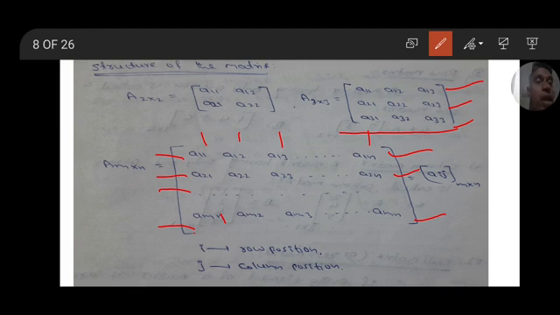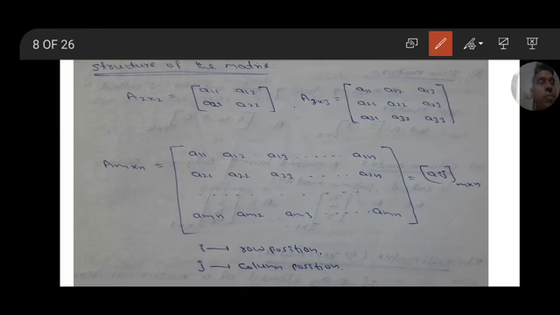So an M by N matrix is written like this, that is Aij, M by N matrix. It is represented as Aij, where i represents row position and j represents column position.